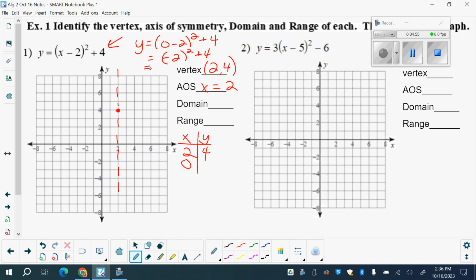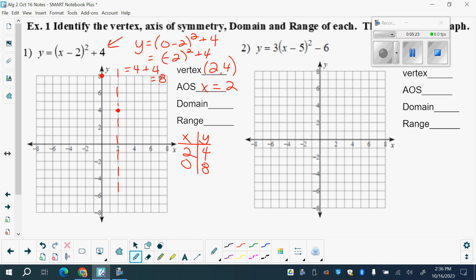And then add 4. What's -2 squared? Negative 2 quantity squared. 4 plus 4, which is 8. So we have, for this point, 0, 8. Let me move this over.